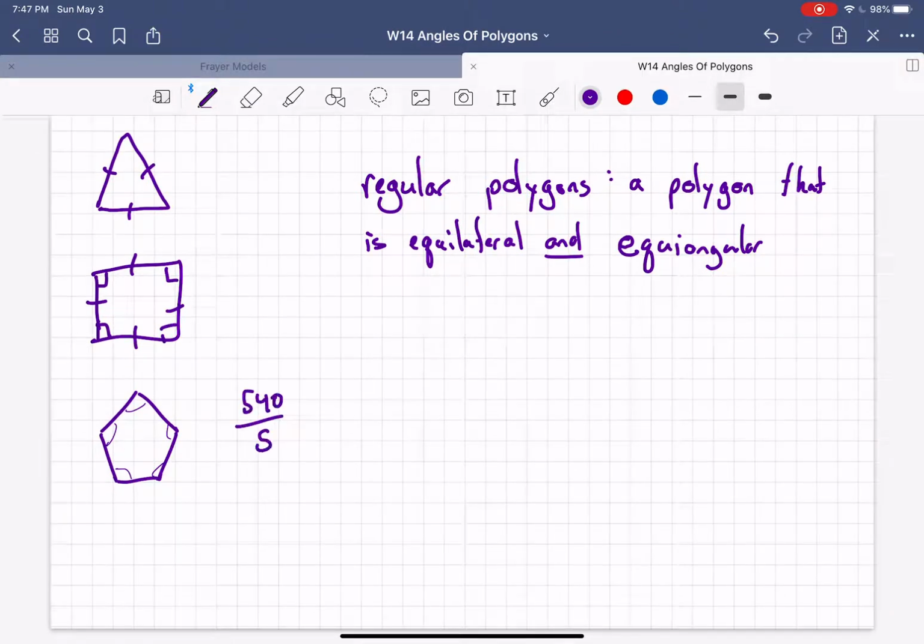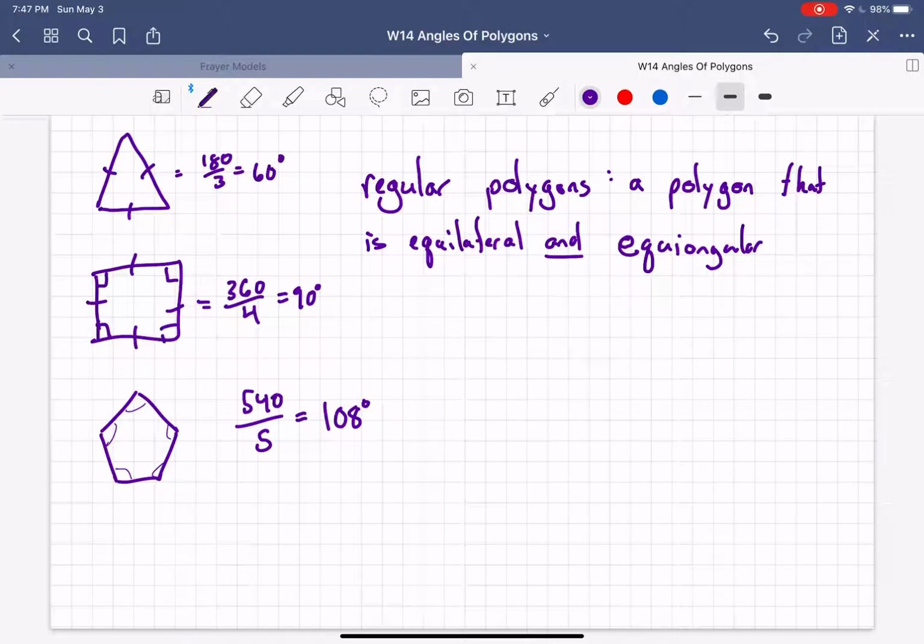And then we divide by 5 to say that each one has to be 108. In a square, we said 360 divided by 4 would be 90. In a triangle, we did 180 divided by 3 to get 60.